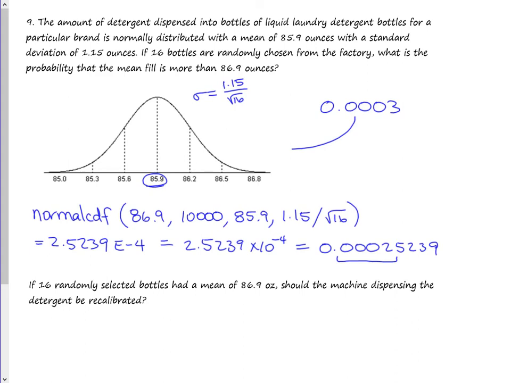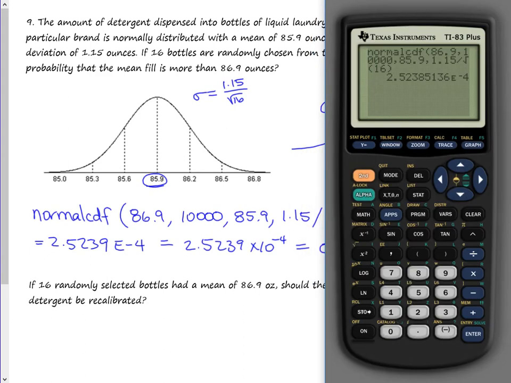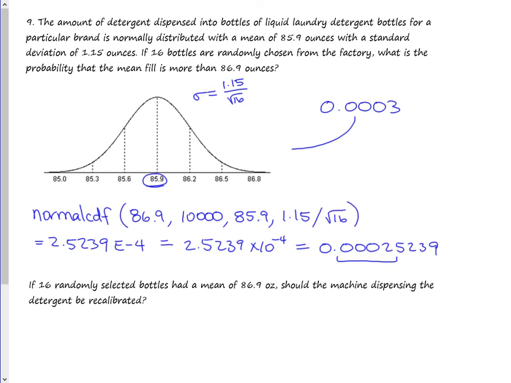If you estimate that with a calculator, it's about 0.3. So if you notice, the distance from 85.9 to 86.2 is 0.3, and then 0.3 again, and so forth. So 86.9 is like right here.